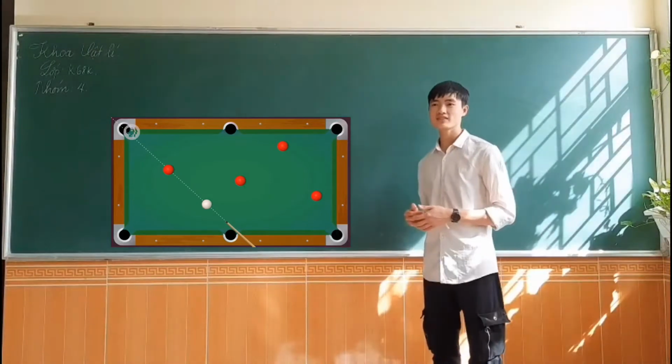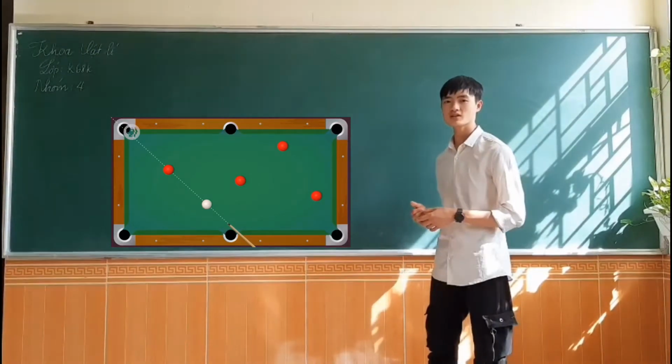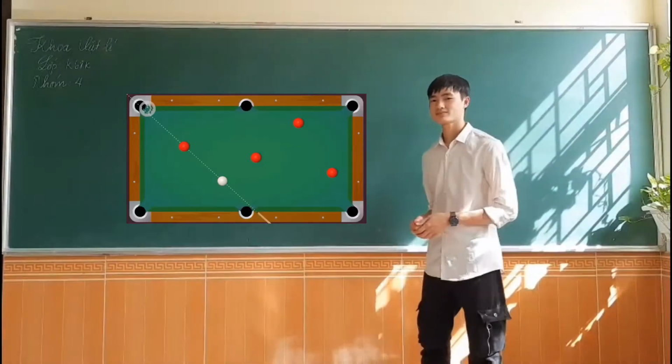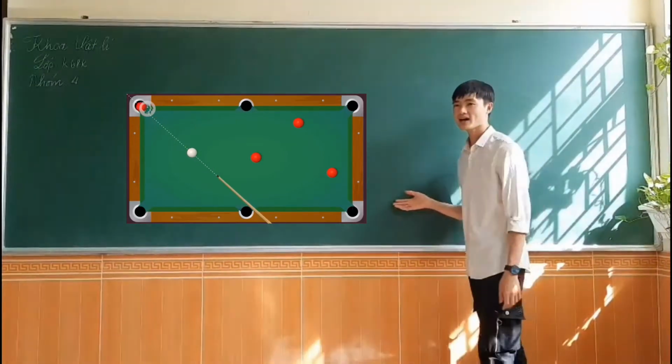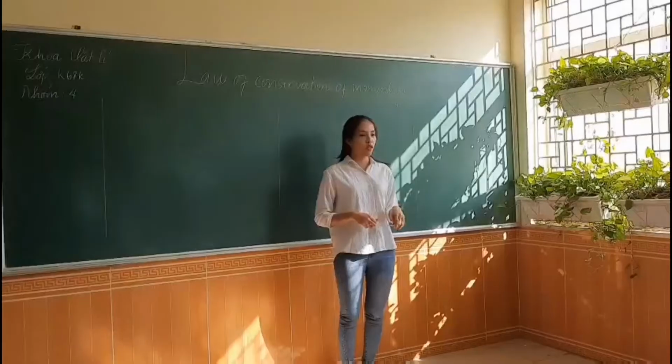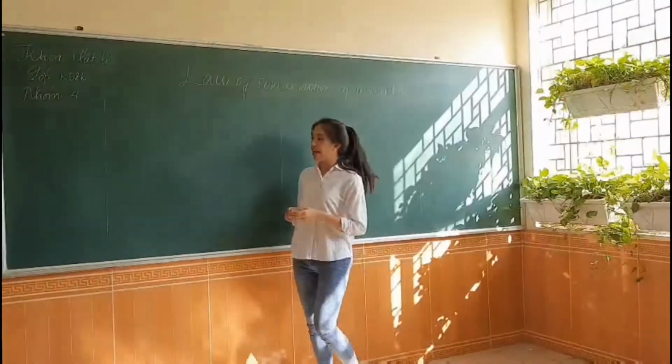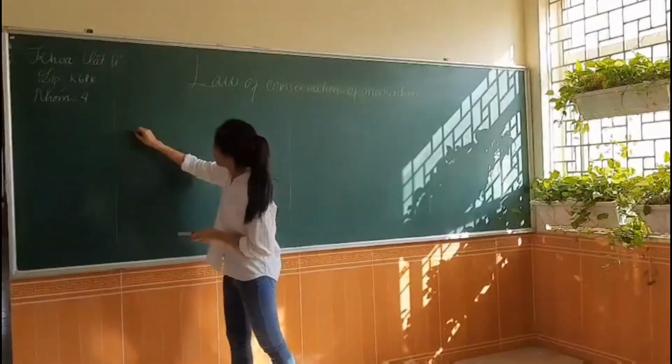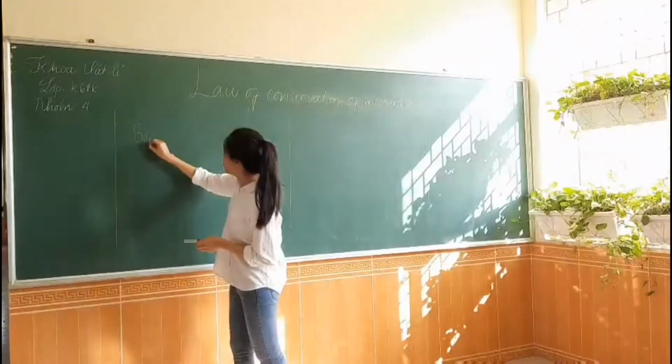Why do they change the movement before and after the collision? We are going to find the answer to this question. Let's start. We consider two objects in a collision, so we have the situation before the collision.